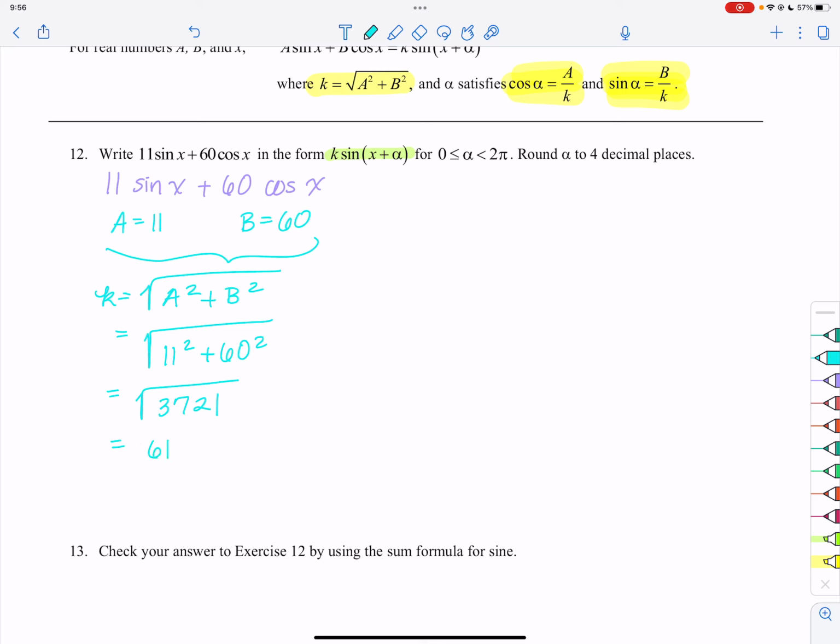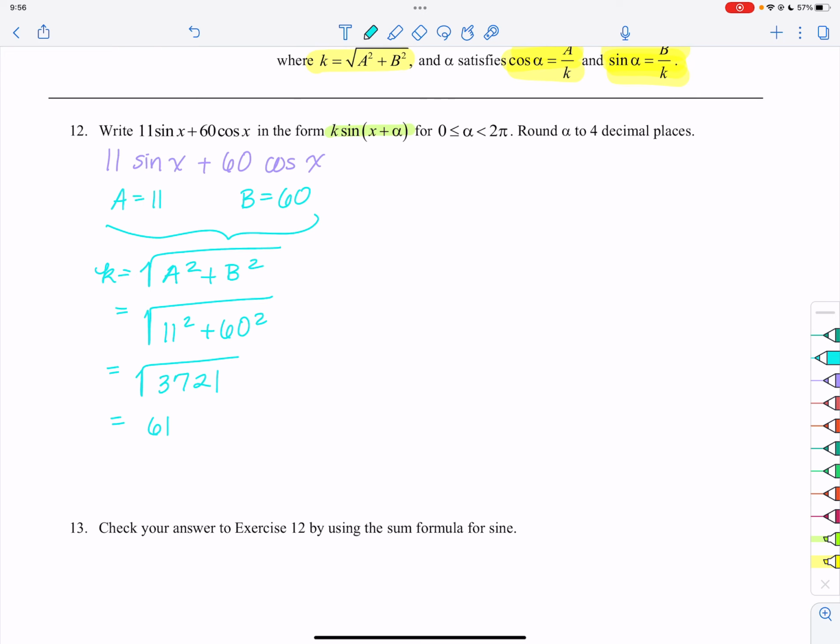So that's what k is equal to, 61. So now let's go ahead and find the cosine of alpha.